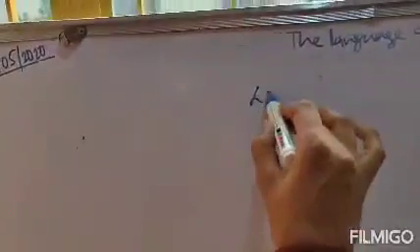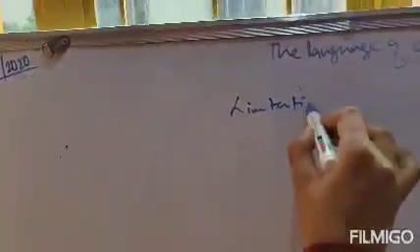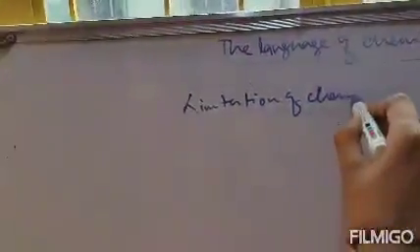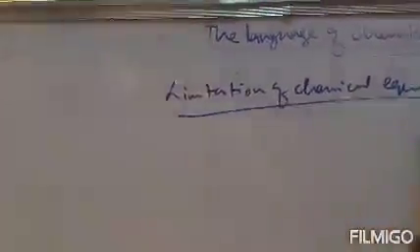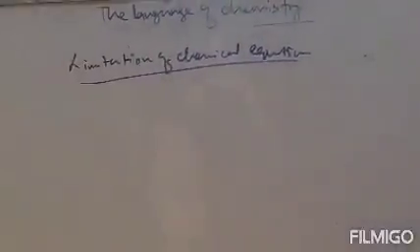So the next topic: if the question is asked, what is the limitation of chemical equation? There are some limitations of a chemical equation. The first limitation is the physical state of the reactants and products, that is whether the substance is solid or liquid or gas.